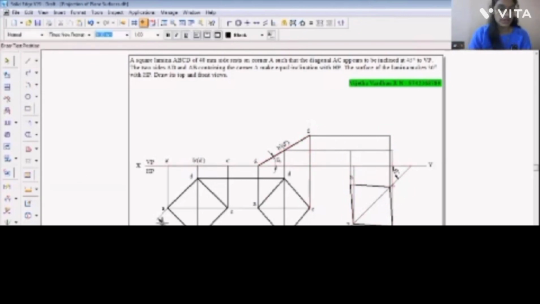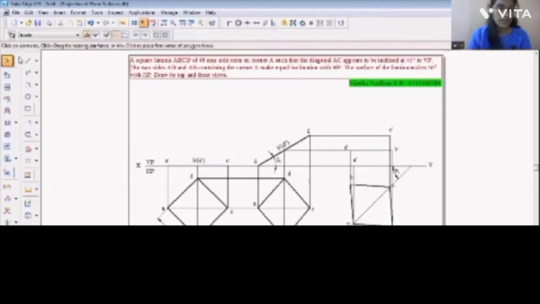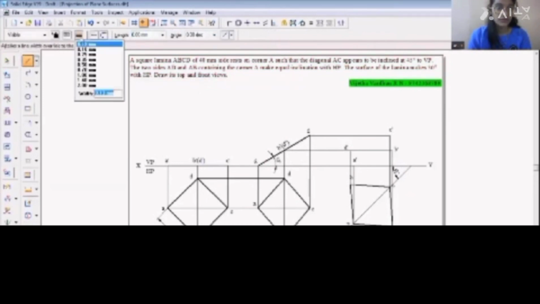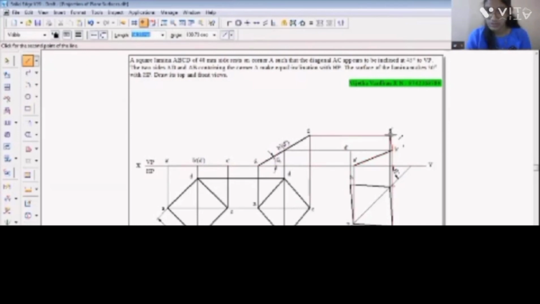Now let's name the points A dash, B dash, C dash, and D dash. Let's join all the points with the visible line: A to B, B to C, C to D, and D to A.